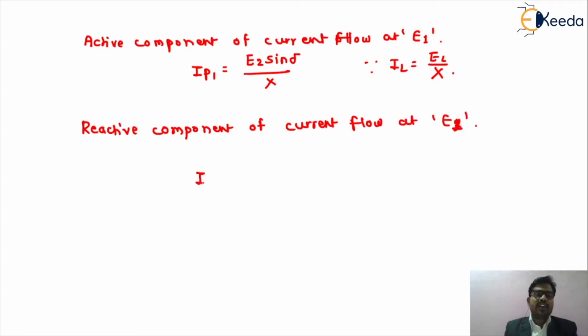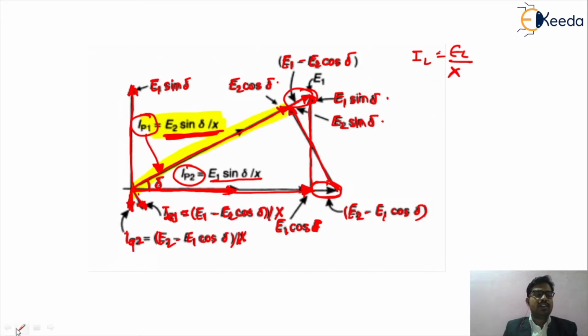So it will be called IQ1. We get the value of the IQ1 from the phasor representation. We get this term, that is E1 minus E2 into cos del divided by X. Okay, so we get this IQ1 by means of this simple phasor representation.